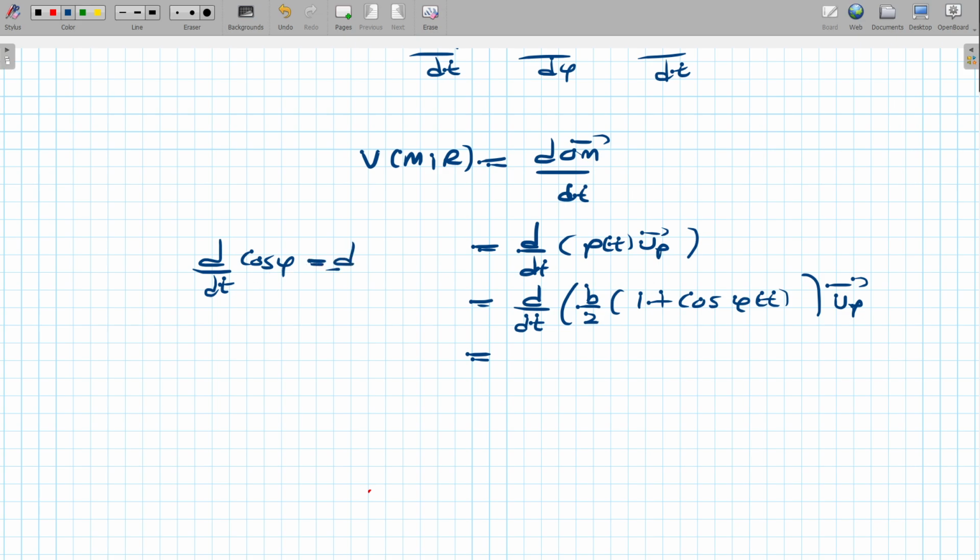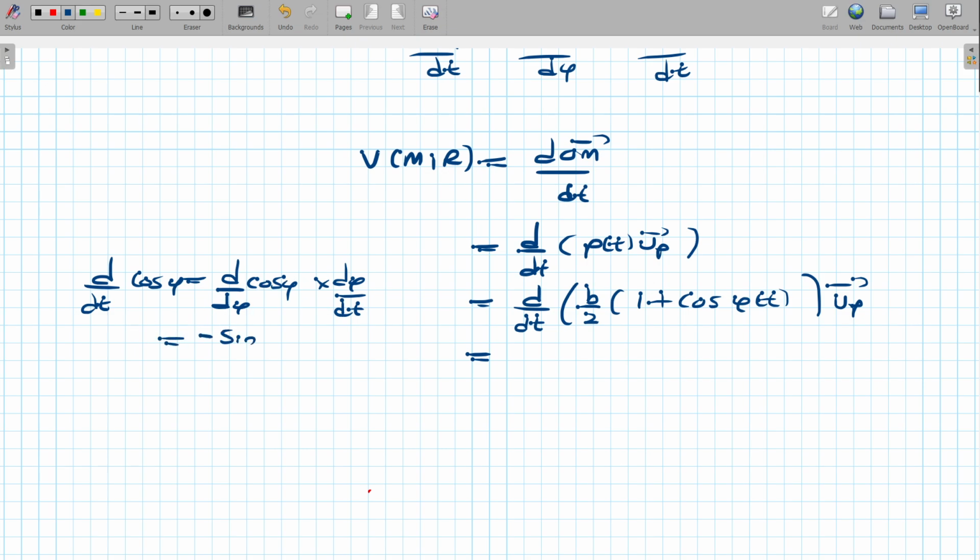We have to say the derivative with respect to phi of cosine phi multiplied by d phi divided by dt. So the derivative of cosine is minus sine phi, and then multiplied by the derivative of phi with respect to time, this is going to give us phi point. And so finally, we're going to have minus phi point sine phi.